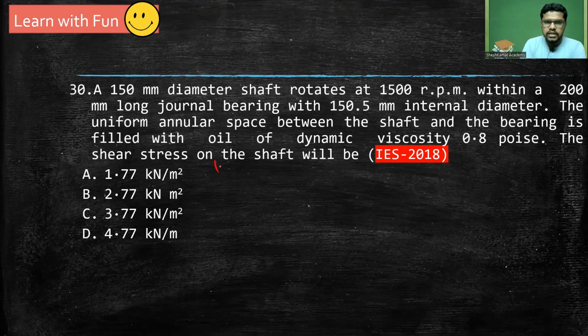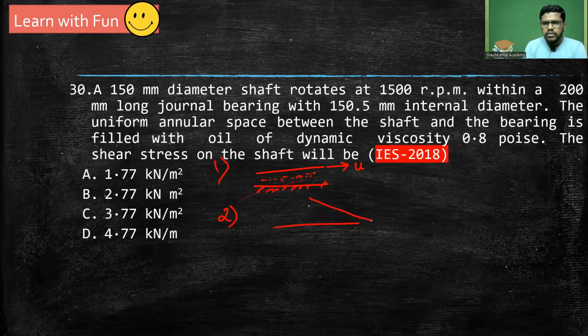So the first one is, say, a plate which is fixed, and one more plate which is free to move, and both plates are filled with some viscous fluid, and now the upper plate is moving with velocity u. So this is one type. Now the second type is, say this is a horizontal surface.